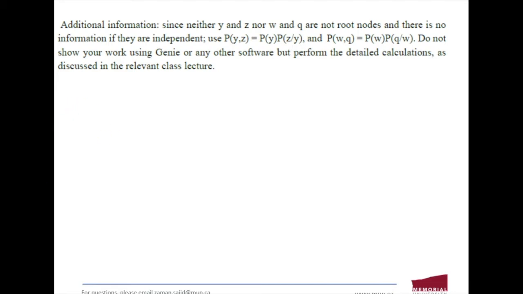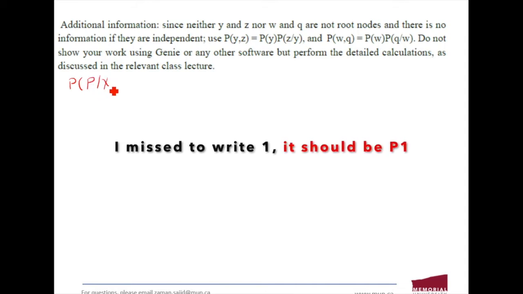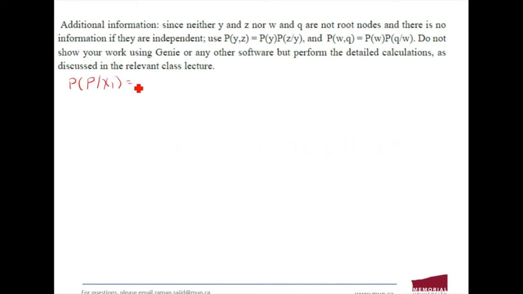Now, what is my objective here? My objective is to find out the probability of P1 given that x1. That's what I want to find out.